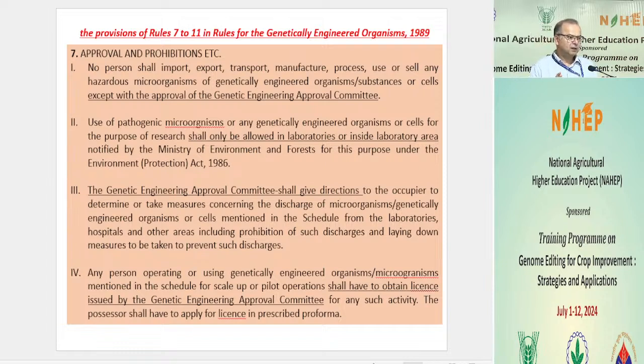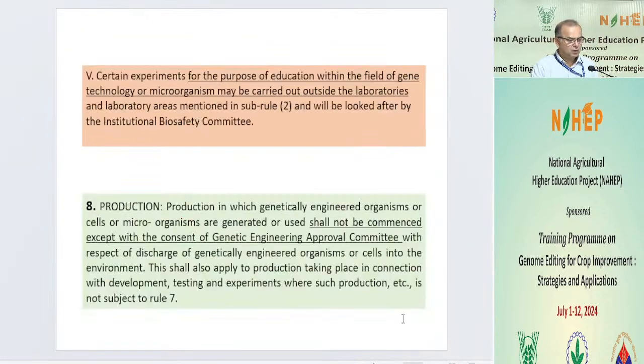So that was the sort of requirement, because of which the development sometimes becomes very slow, because for every step, until and unless the permission is obtained in a timely manner, you cannot proceed. Certain experiments for the purpose of education within the field of gene technology can be carried out outside the laboratories and laboratory areas mentioned or designated; that will be looked after by the IBSC.